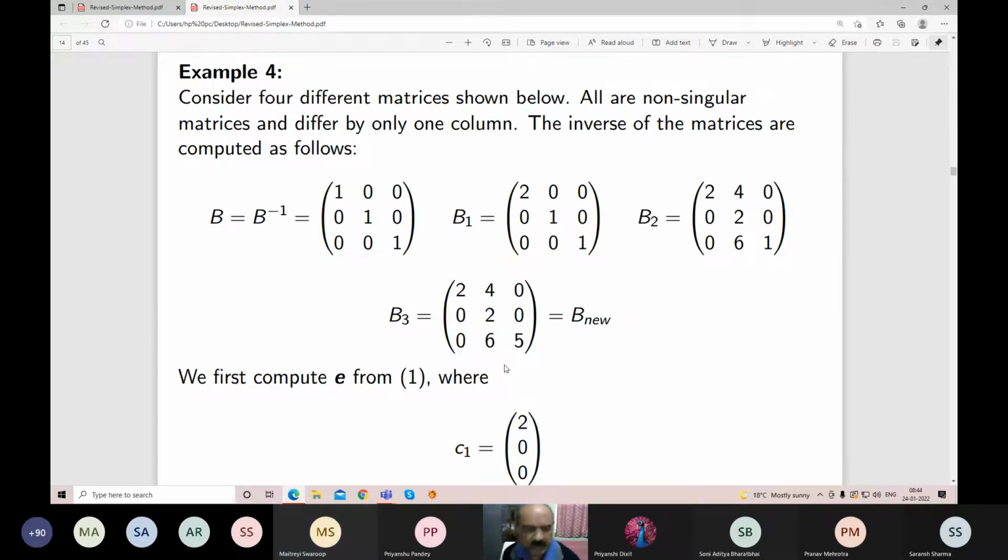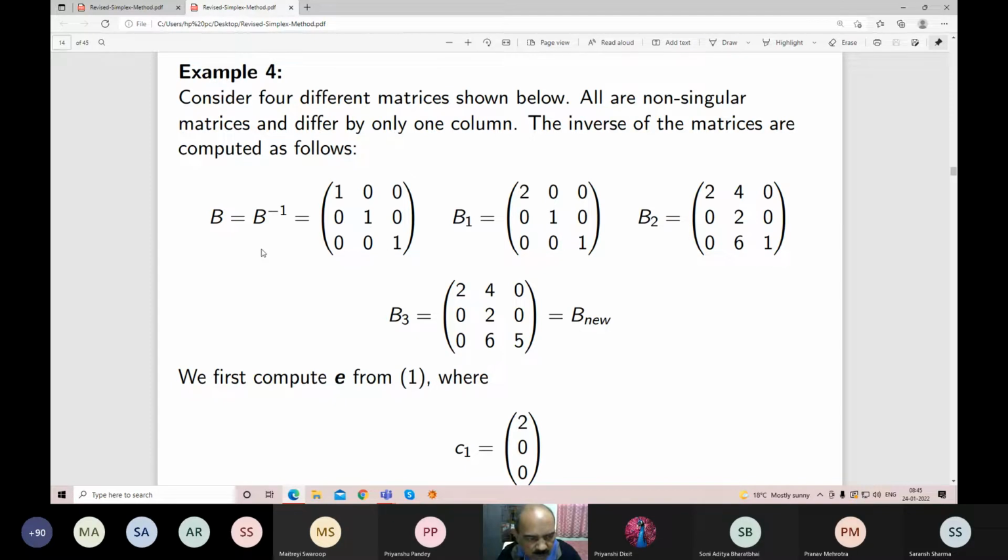Now we have got a new problem, because when you compute the inverse, using B we are computing B1. Using B, you are computing the B1 inverse. Using B1 inverse, you are computing B2. Then using B2, we are computing B3 inverse. So as a result, if you compare B and B3, all are different.